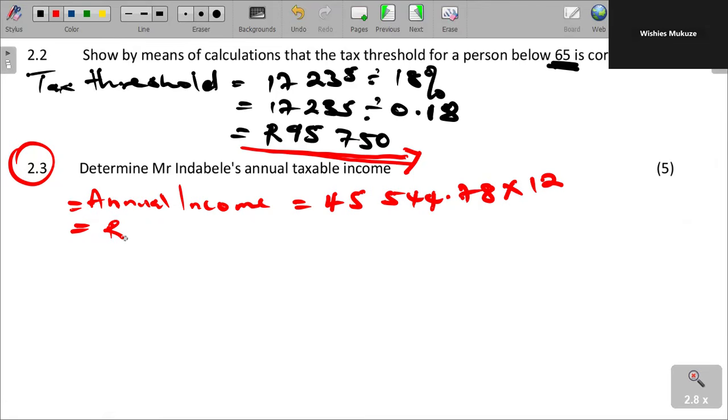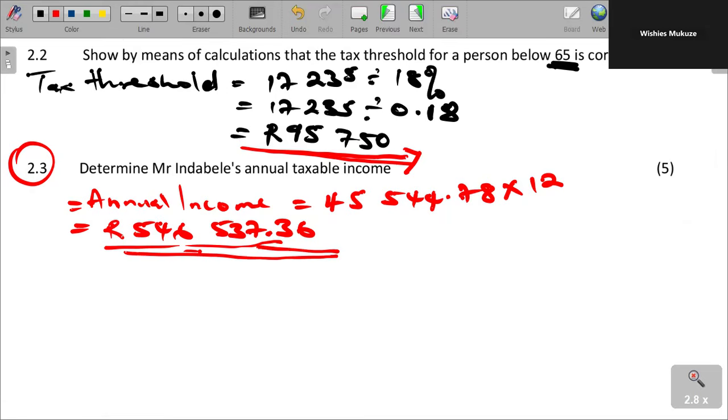What do we get there? This would give us 546,537.36. And that is the first step here.